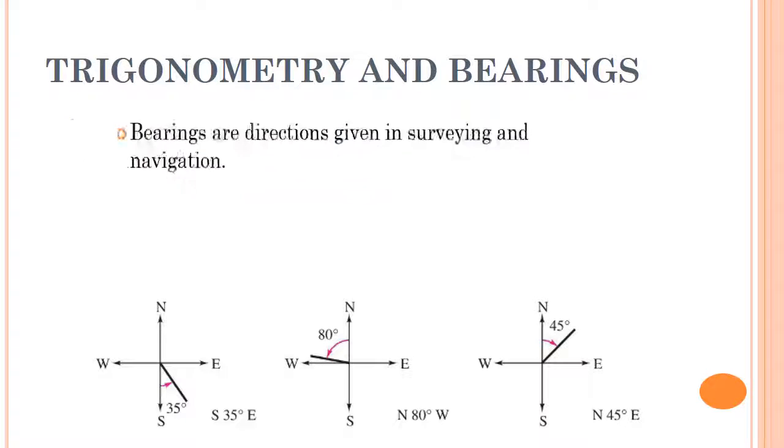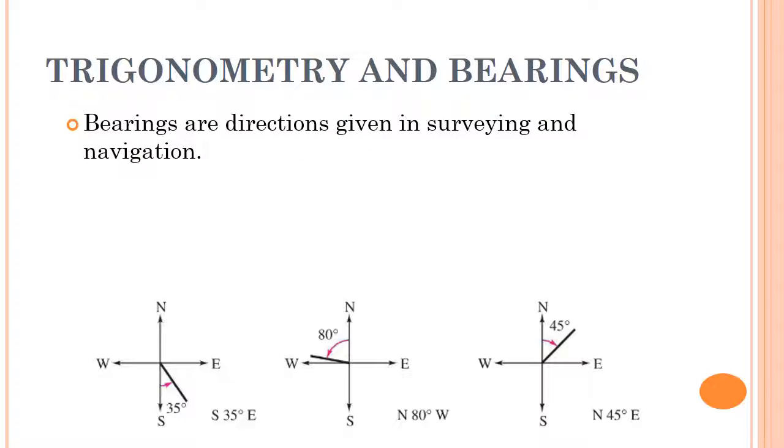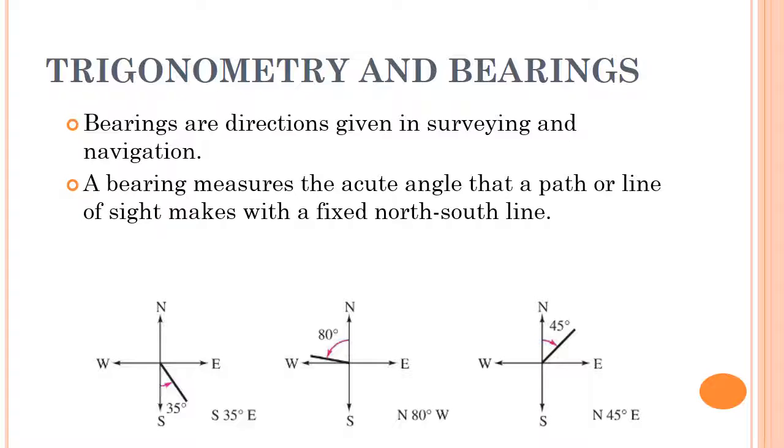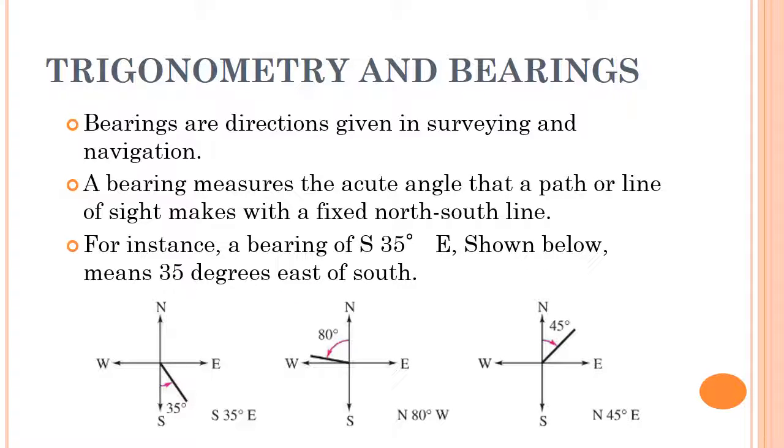Okay, a little bit about bearings. Bearings are directions given in surveying and navigation. A bearing measures the acute angle that a path or line of sight makes with a fixed north-south line. For instance, a bearing of S 35 degrees E, or south 35 degrees east, which is shown below on the left, means 35 degrees east of south.